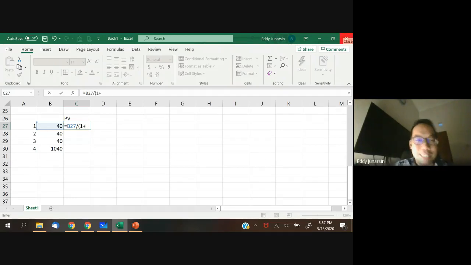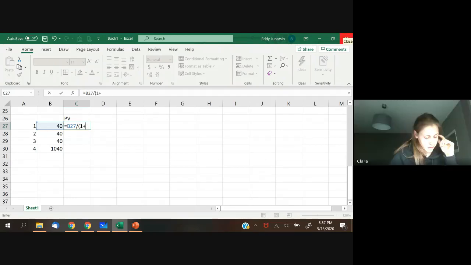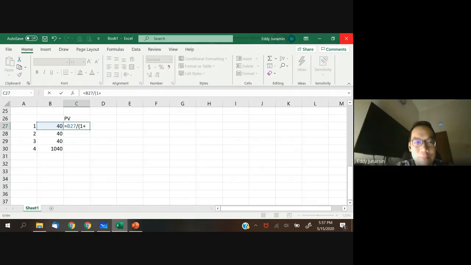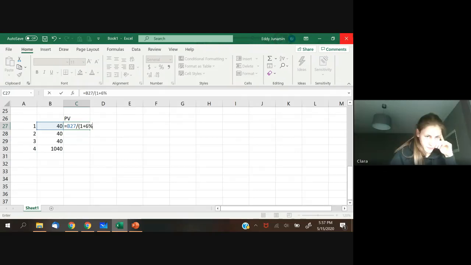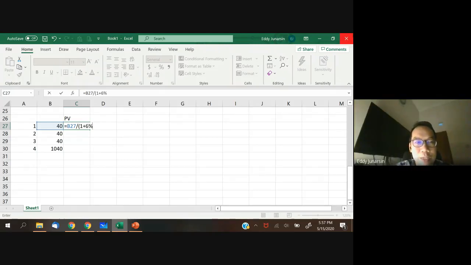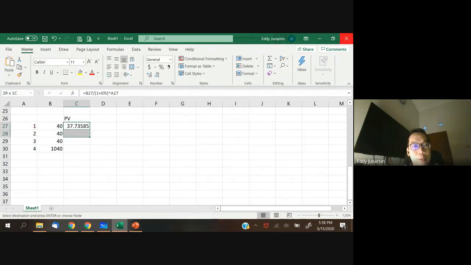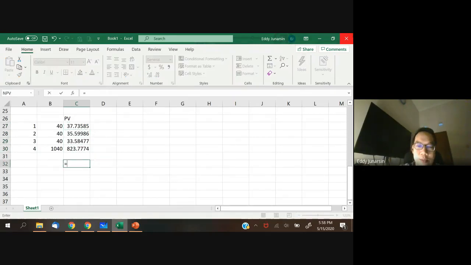Again, why is it 6? It's 12% divided by 2, since it's semi-annual. So 12% is the market rate, but this is semi-annual, right? To the power of 1. And then we make a copy, to the power of 2, to the power of 3 and 4. And then we sum them.